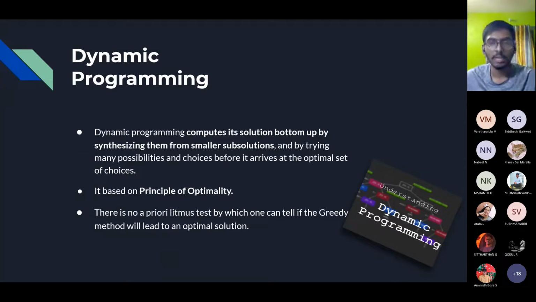What dynamic programming does is that the program starts from the goal instead of starting with the question. It starts from the endpoint, from the solution, and goes from the bottom up to the question.